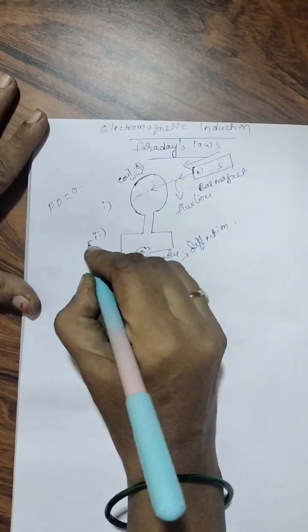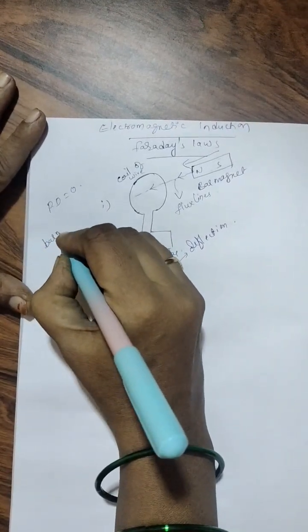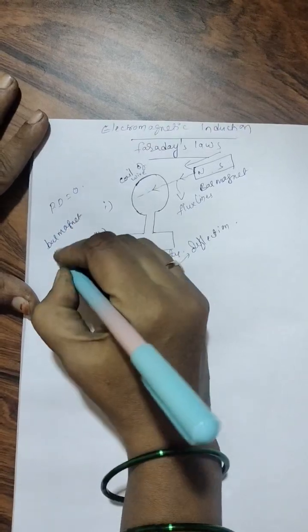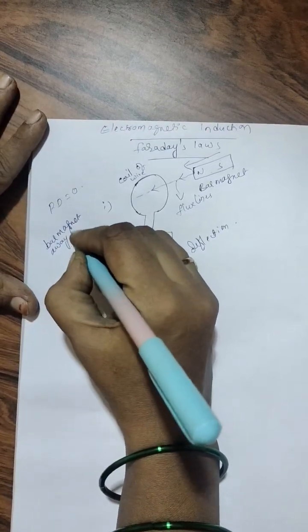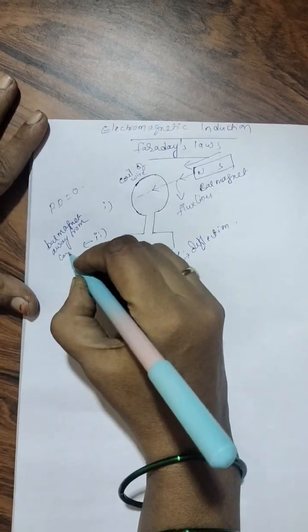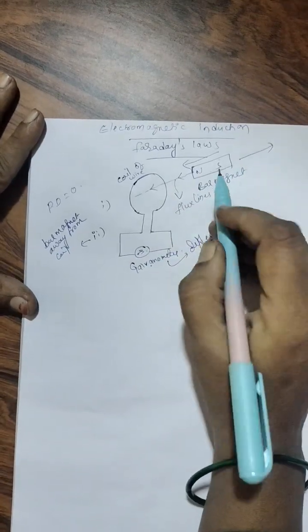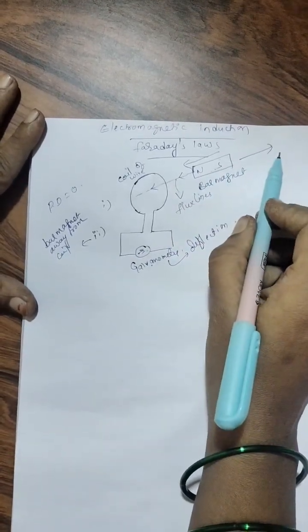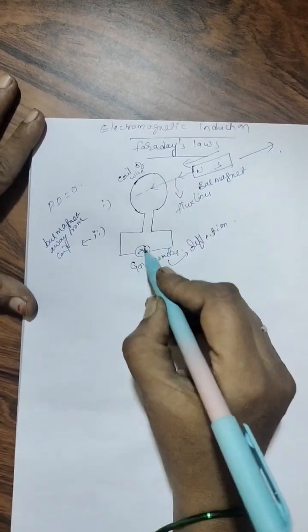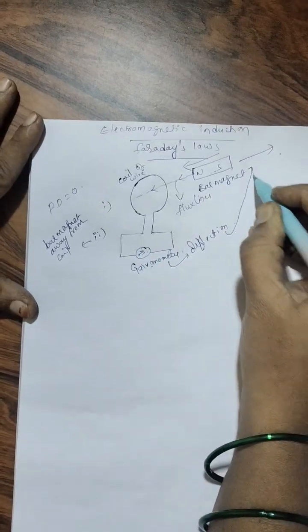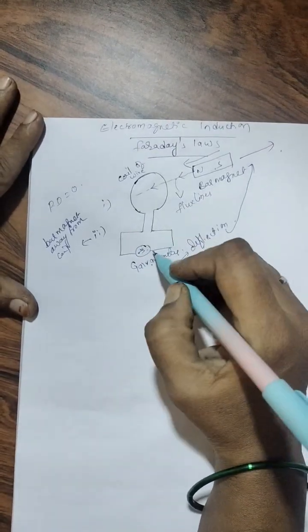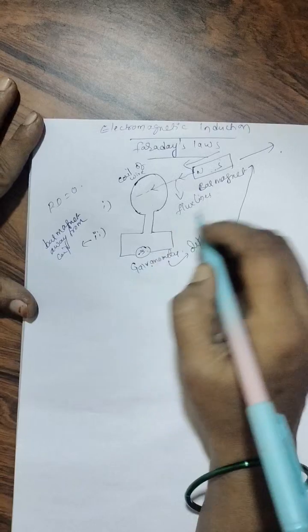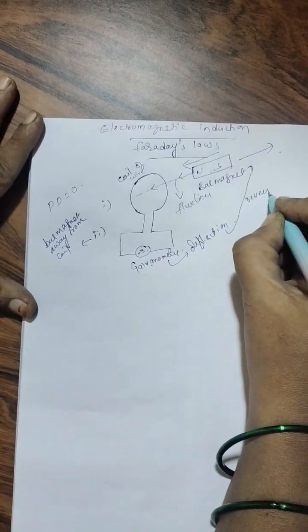In case 2, you take the bar magnet away from the coil. When you take the bar magnet away from the coil, you will find the same deflection in the galvanometer, but in a reverse direction.